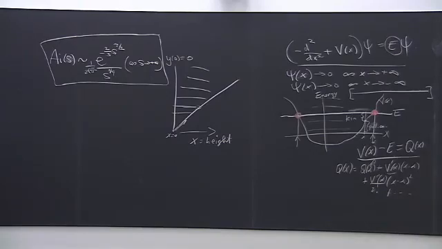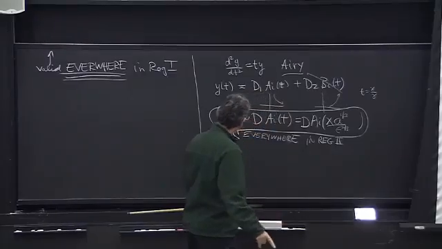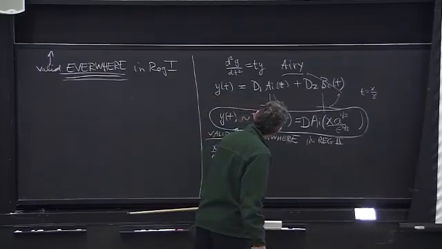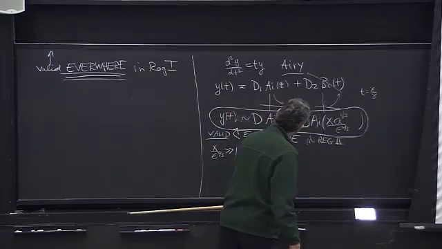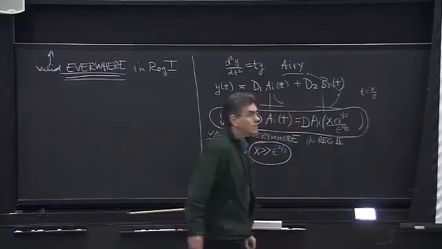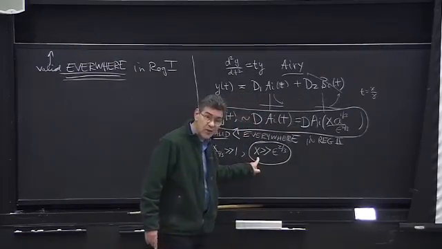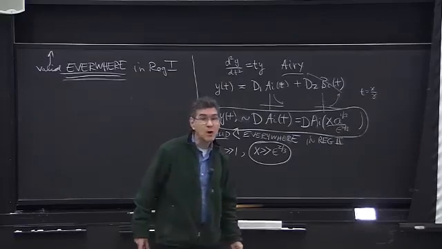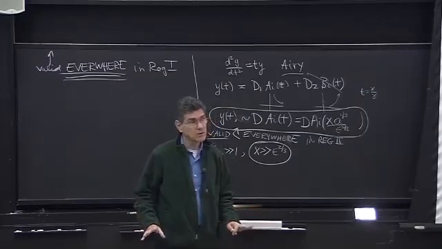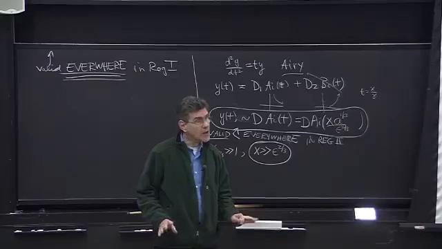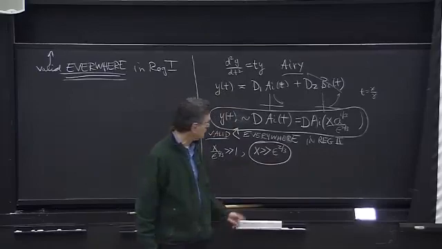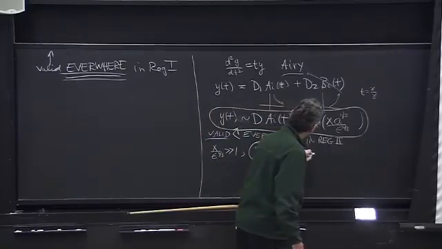Do you all see that? That means so long as x is large compared with epsilon to the 2/3. Now, that means that x doesn't have to be very large, because epsilon is very small, but could x be 0? No, it can't. It cannot be 0. It has to be large compared with epsilon to the 2/3 as epsilon goes to 0.